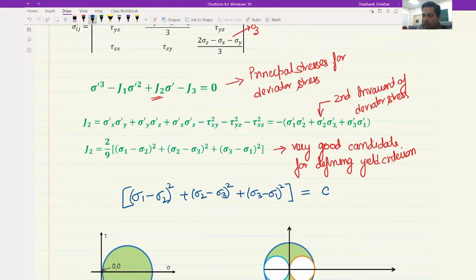So when this function reaches some critical value, then this particular material which is in this stress state would yield.